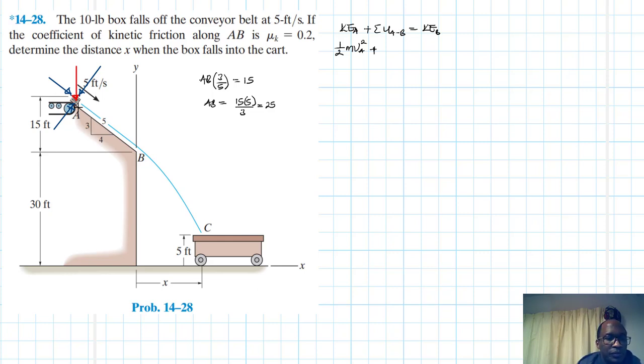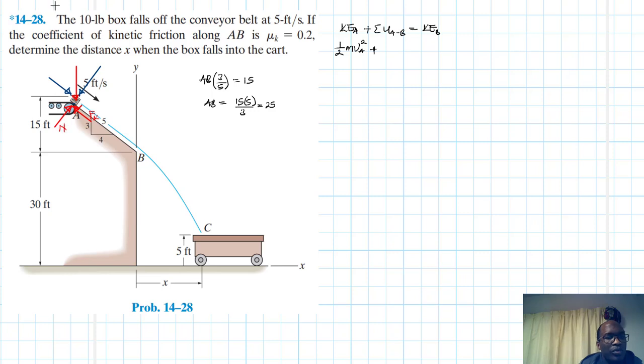We have friction. So let me just use this color here, red. So we have the normal force, and then we have friction. Let's call this Fk.